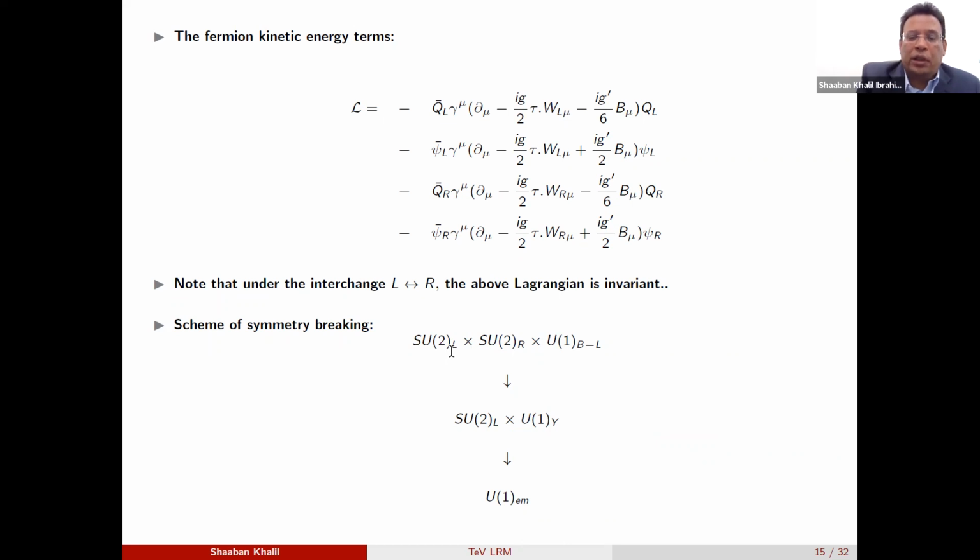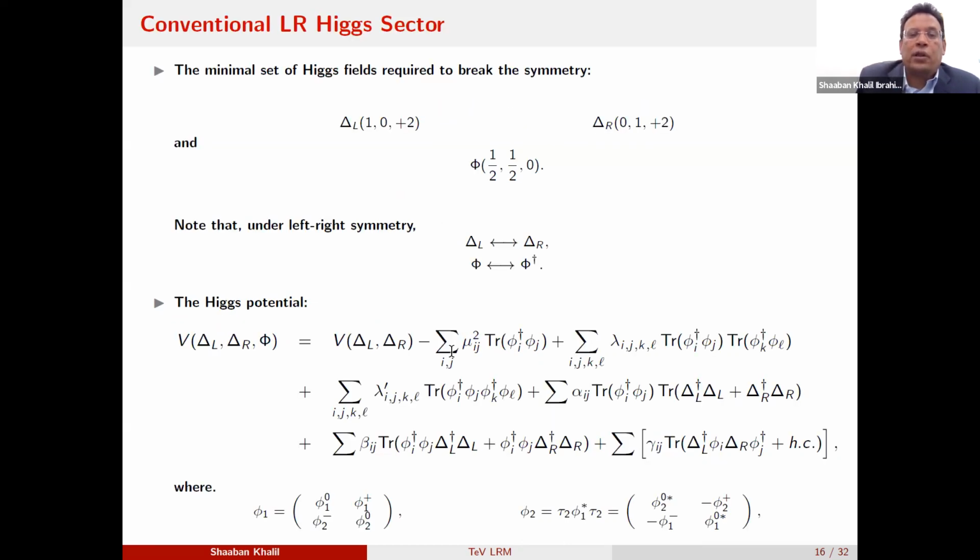SU2 left cross SU2 right. But anyway, the assignment here is 0 for SU2 right. And the 2 is doublets under SU2 left with, of course, some B minus L charge. No, I'm sorry.